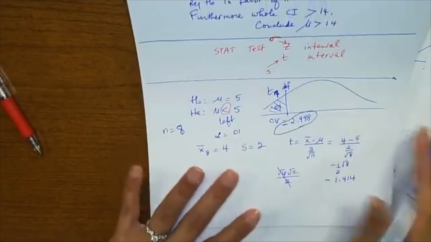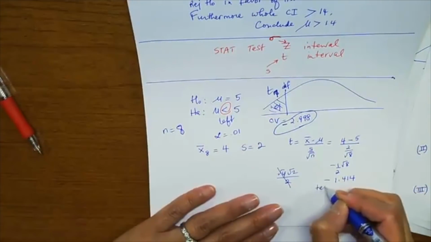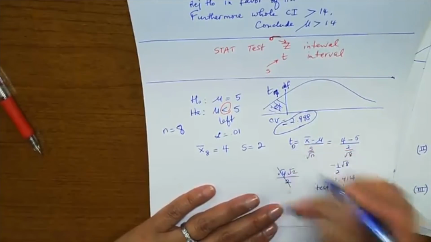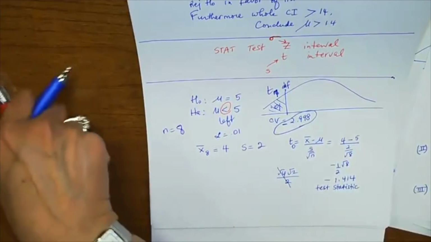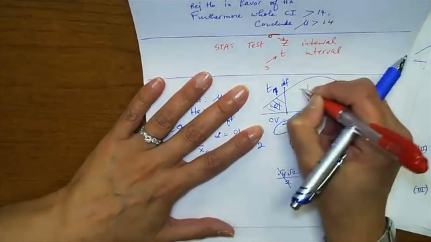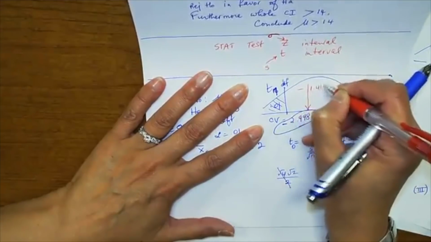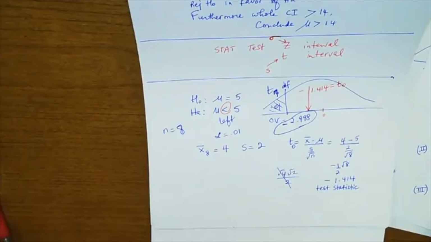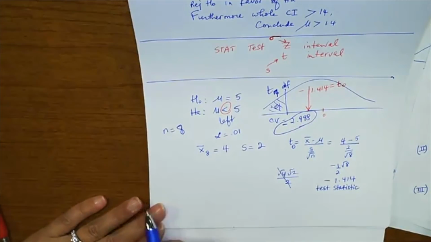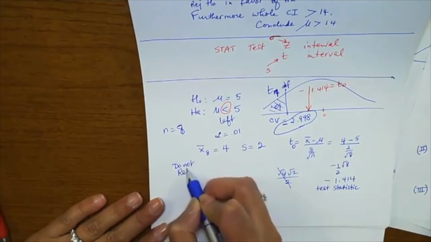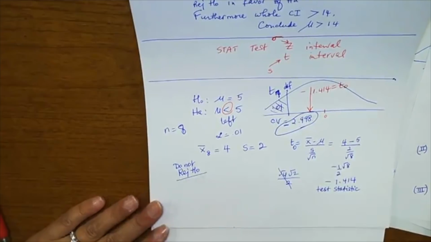Okay, so minus 1.414 is called the test statistic, T naught. So you drop that into this picture and it falls here. Minus 1.414 equals T naught. So I'm not in the rejection region or critical region. Therefore, do not reject H naught.